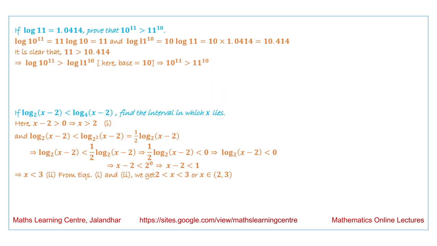Next is, if log of 11 is equal to 1.0414, we have to prove that 10 raised to the power 11 is greater than or equal to 11 raised to the power 10.